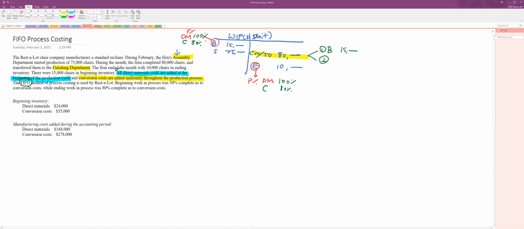That means that while you have started the 75,000, the started and completed goods are only 65,000, right? So those 10,000 ending inventory are started this month, but not finished.